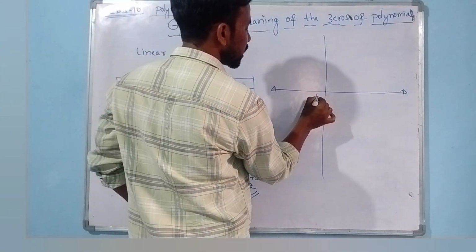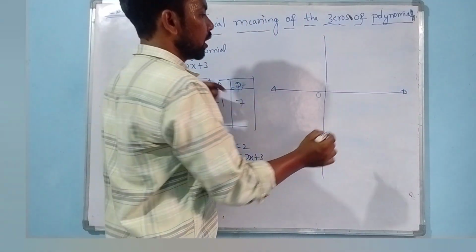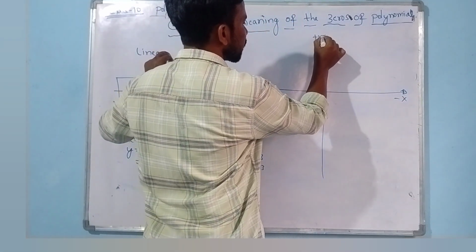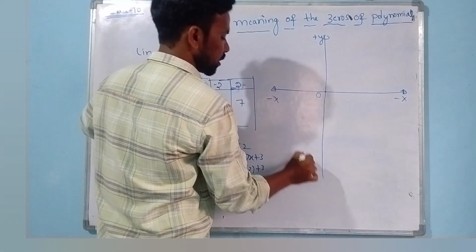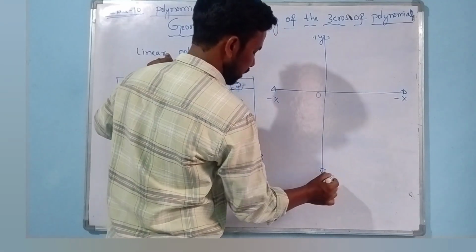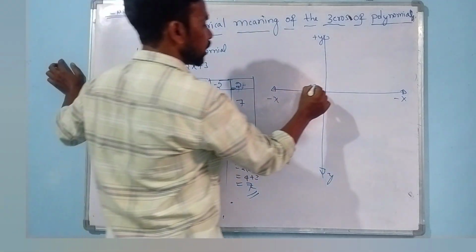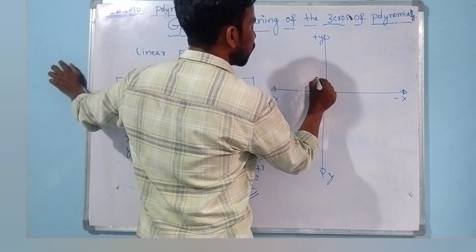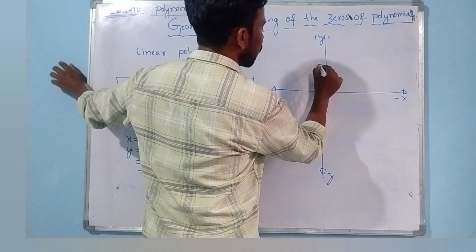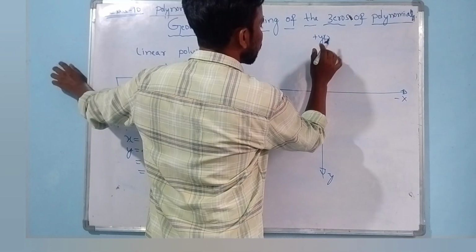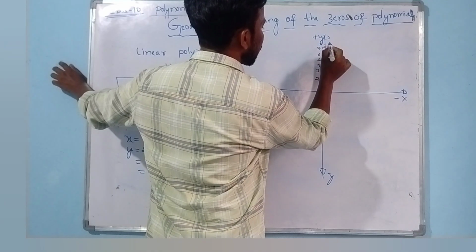This is the origin. At the origin, x and y value is 0. This is the positive x axis. This is the positive y axis. This is the negative x axis. This is the negative y axis. Here we want 1, 2, 3, 4, 5, 6, 7, 8.